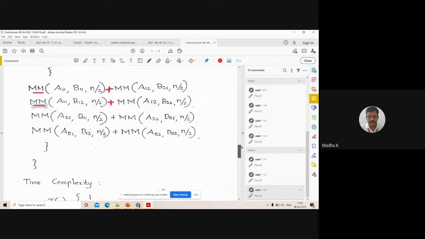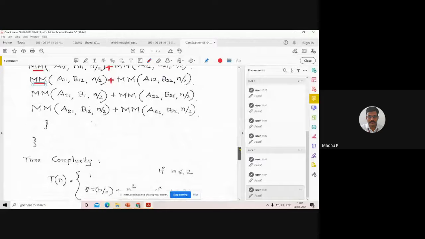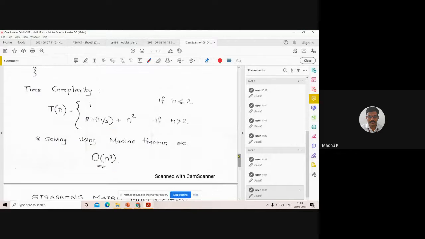So this is the divide and conquer approach. So what will be the time complexity? If n is less than or equal to 2, it will take a constant time c. We can write it as 1, no problem.